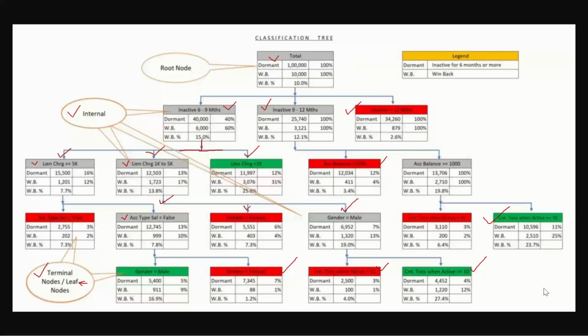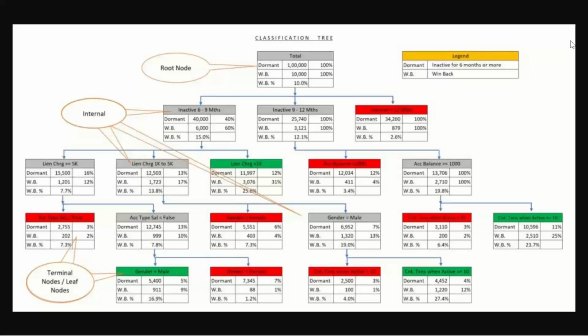So here what we are trying to understand is, in a classification tree algorithm, when you have input and output, the objective is to separate the classes of the output column, the records of converted customers versus records of non-converted customers.